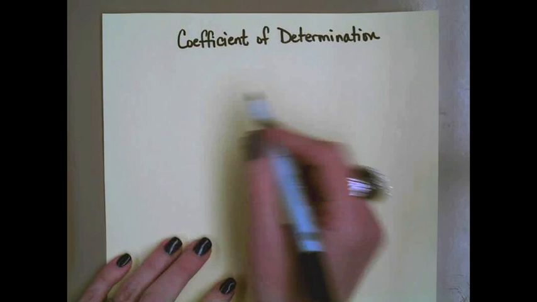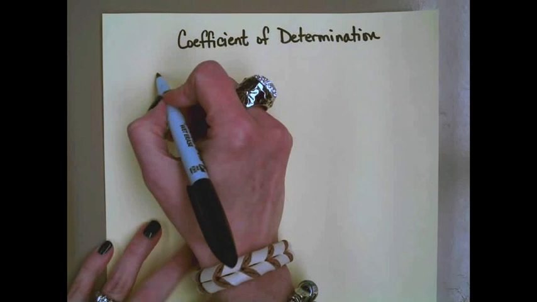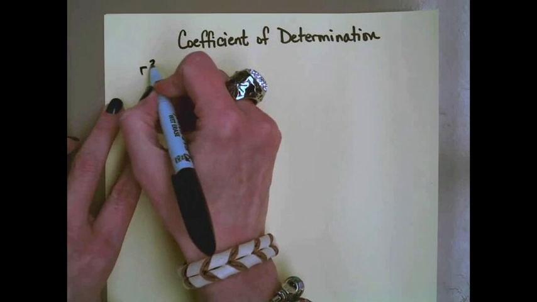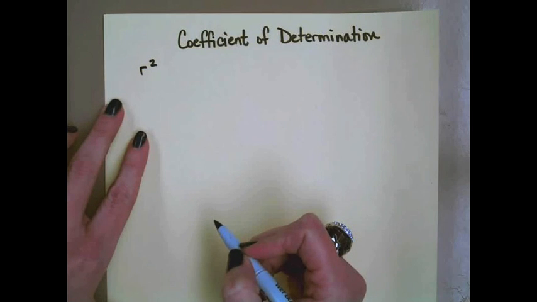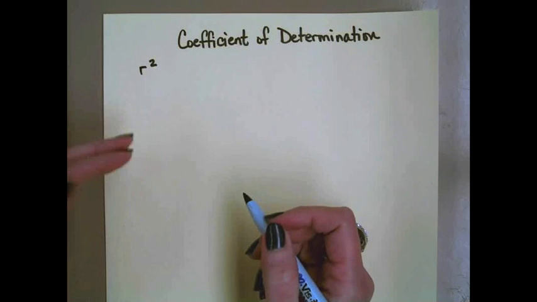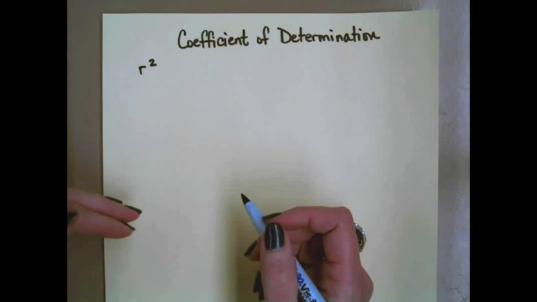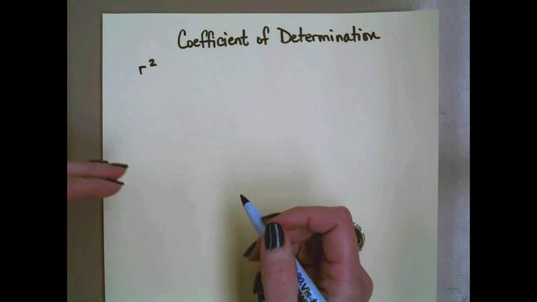Essentially, the coefficient of determination is indicated by r squared. And that means we're going to take the r value, the correlation coefficient, and we're going to square it.